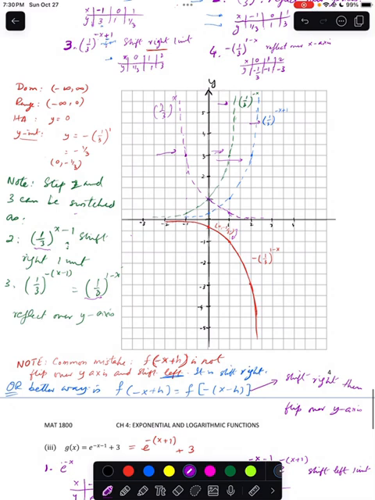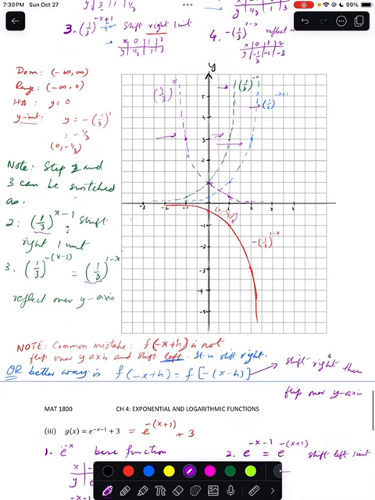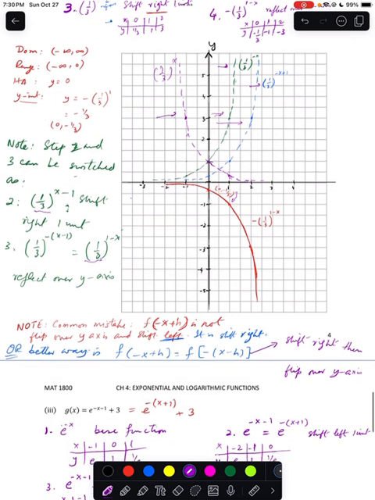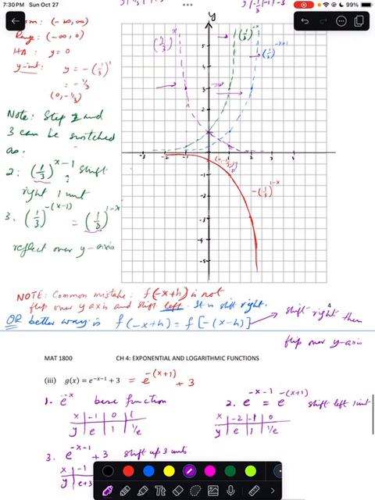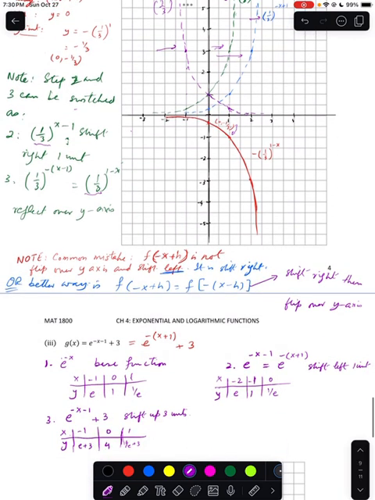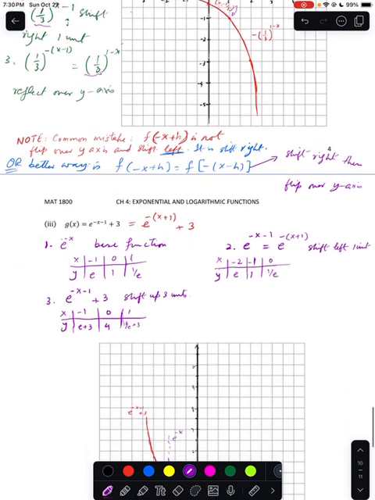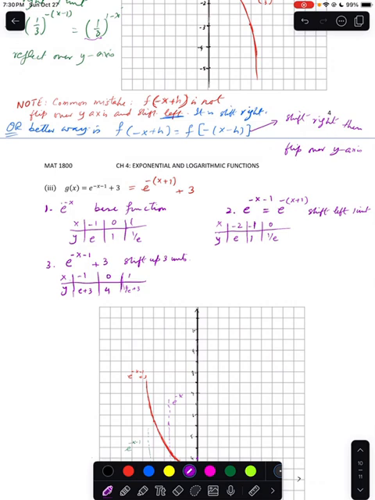Now we look at the next example, the last one. This is e to the negative x minus 1 plus 3. I took e to the negative x as my base function, and then I can factor out the negative sign, so it gives me x plus 1.